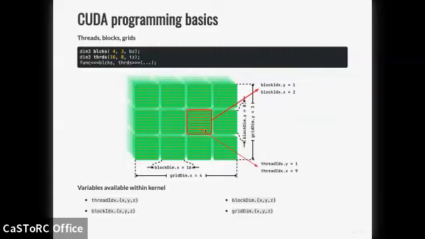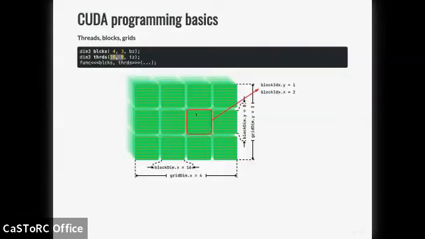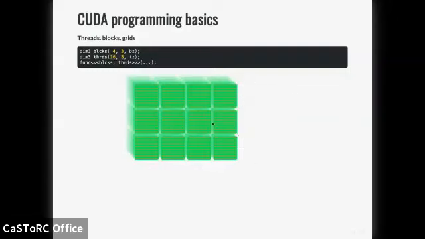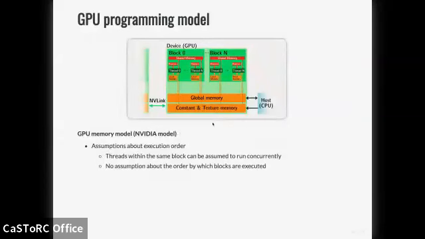Because we said that those share the same shared memory. So all the threads that run within one of these squares will have access to this shared memory, which is red. So that is a hardware thing. This shared memory is something that is in the underlying hardware.